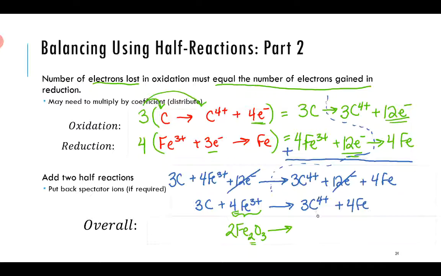On the product side, this carbon was really part of carbon dioxide. Each carbon dioxide has one carbon, and since we need 3 carbons to be balanced, we're going to put a 3 coefficient in front. This iron was a pure element, and so that one's going to be alone.